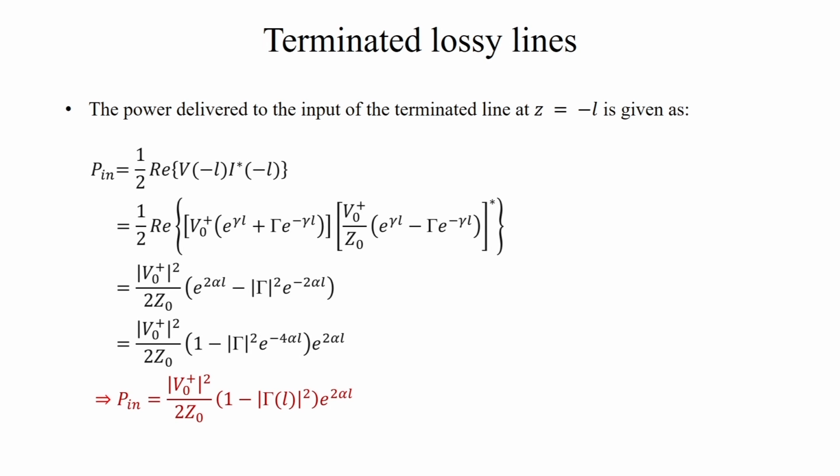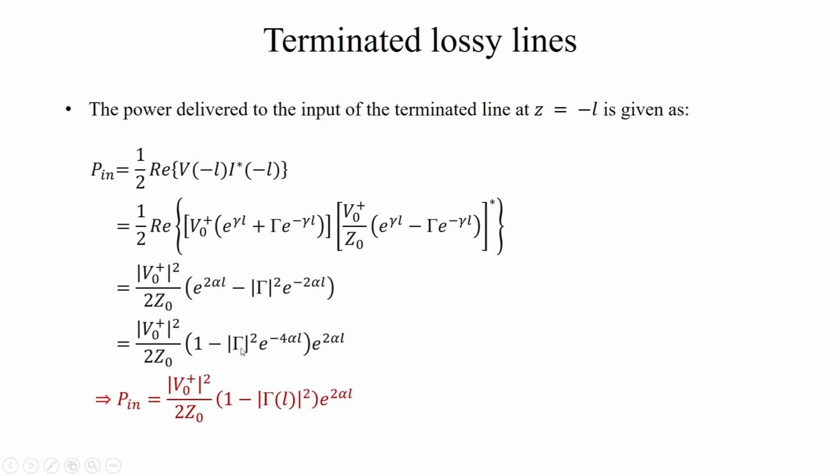Now, if we use our earlier relation of mod of gamma at L is equal to mod of gamma e to the power minus 2 alpha L, then we can represent it here.